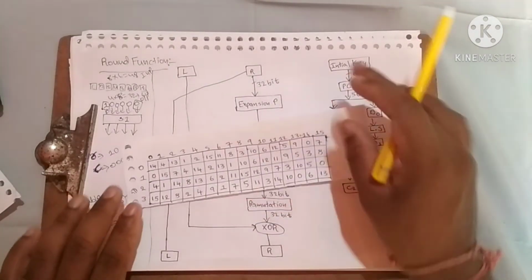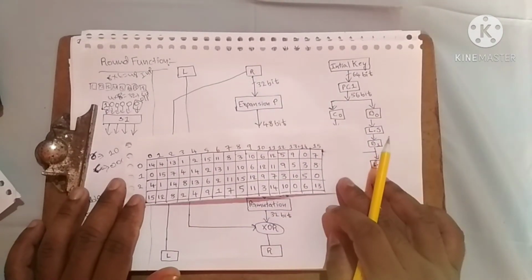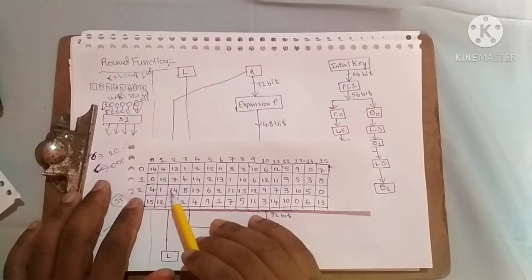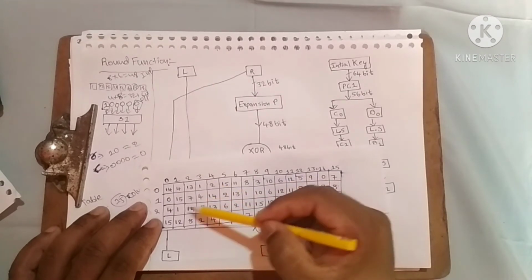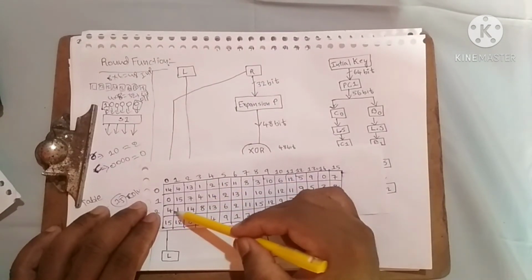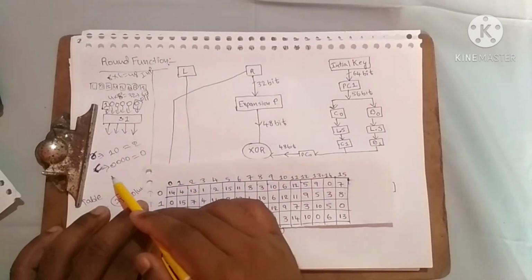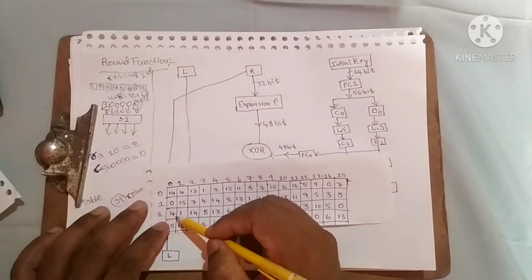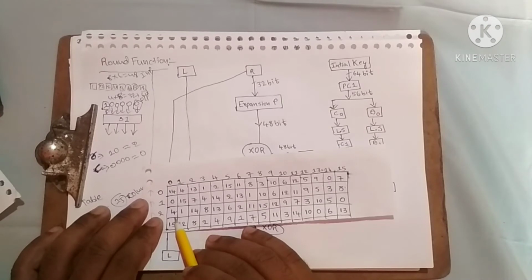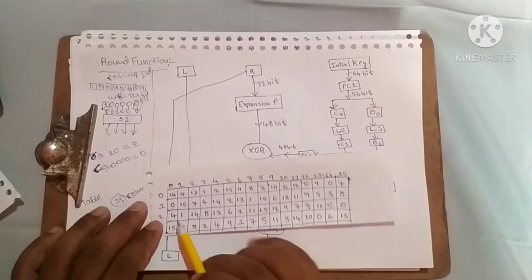Okay, this is the table. In this table what we have to do is second row, this is the second row. Next 0th column. In this second row the value will be 4.